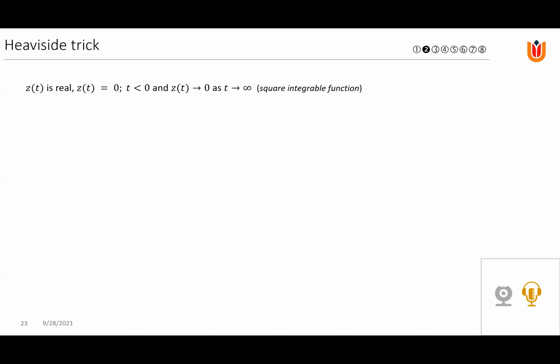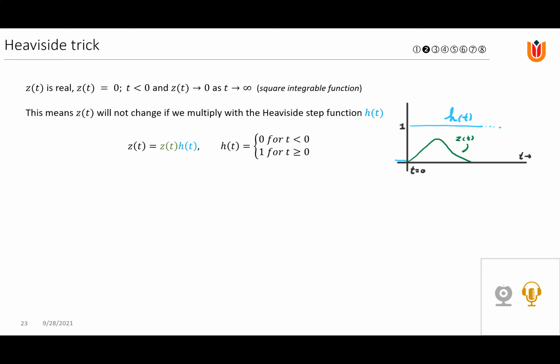So if you kick a ball, after a very, very long time, the ball will stop. That's the assumption. Mathematically, these conditions mean that the function z of t is square integrable. Okay.